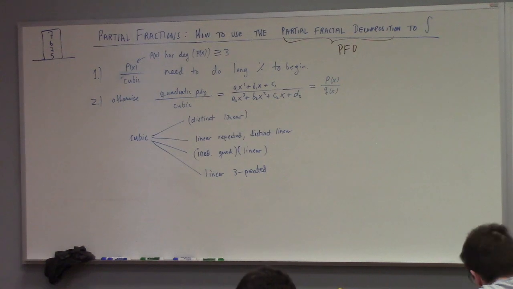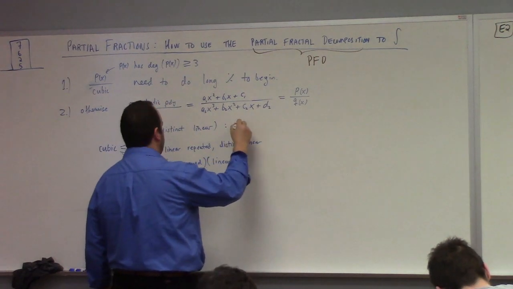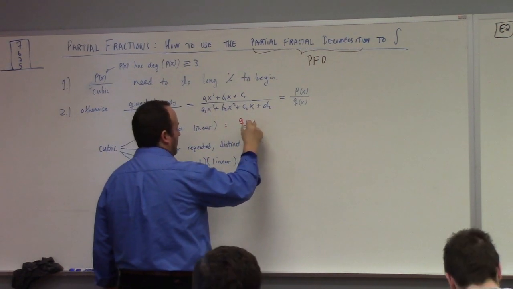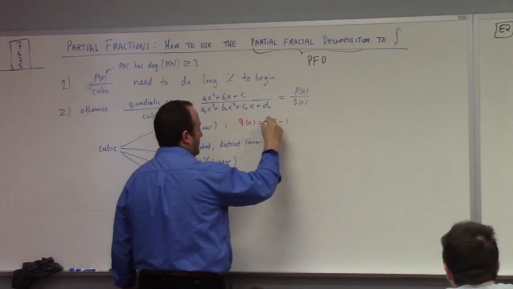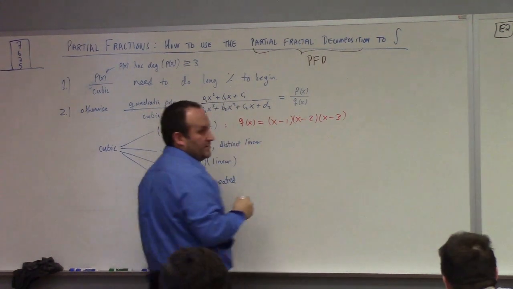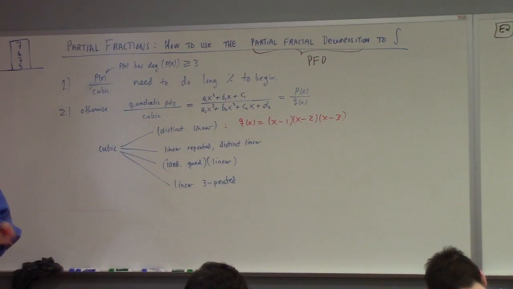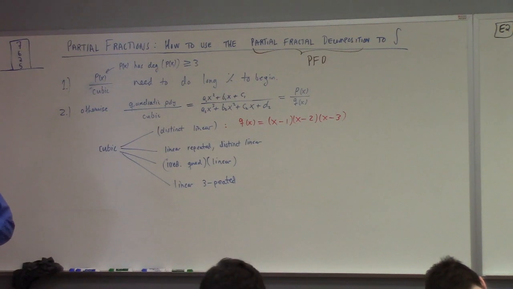I've got like 4 blue markers over there. Contrast of blue on blue, not so awesome. Sorry if you're colorblind. Q of x could be something like (x minus 1)(x minus 2)(x minus 3), but generically speaking, (x minus r1)(x minus r2)(x minus r3), where r1, r2, and r3 are not equal.